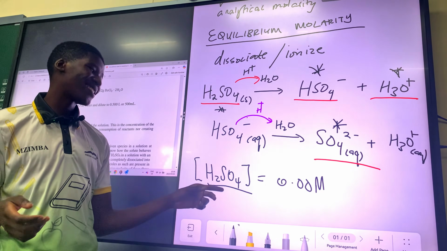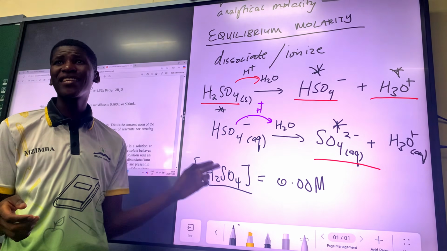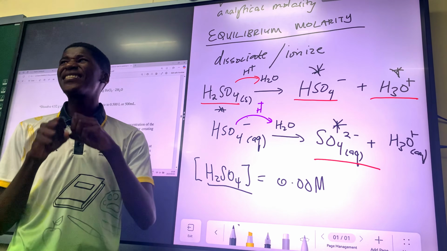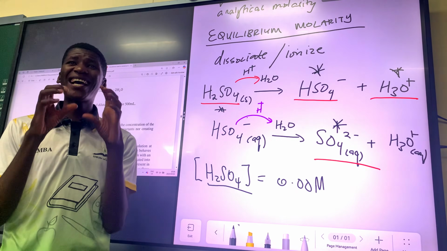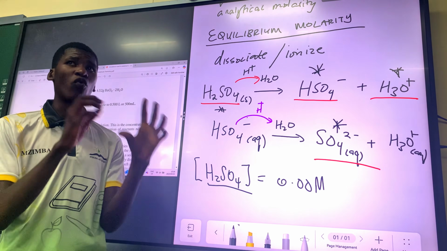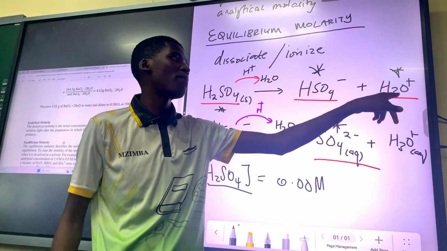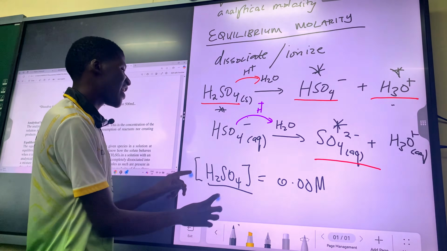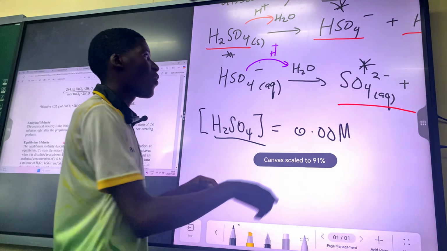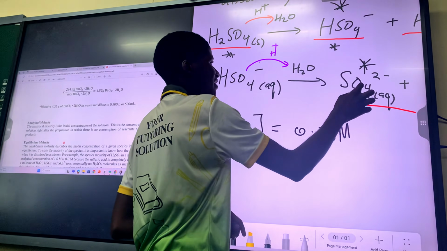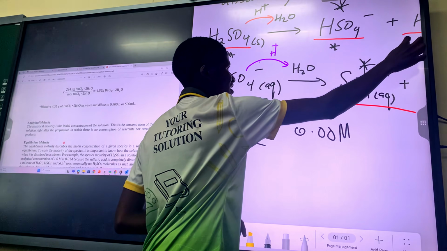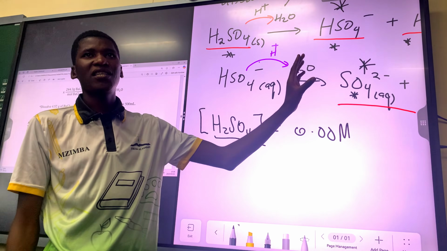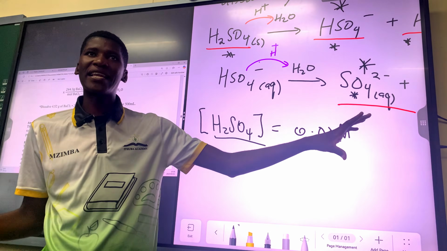But for a strong acid, such as H2SO4 or hydrochloric acid, the equilibrium concentration is 0, because it always ionizes completely in water to form H3O plus, hydronium ions. So the idea is that you are trying to find the concentration of each of these, at equilibrium after dissociation.